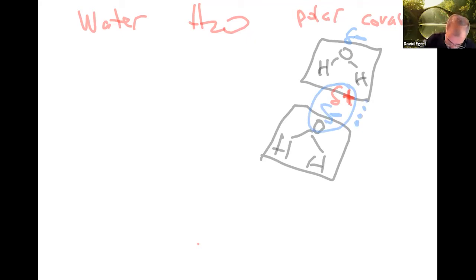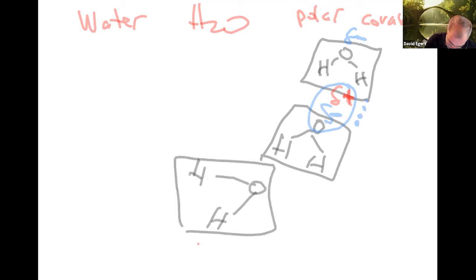And then I'll have another water molecule, with the more negative and the more positive side.